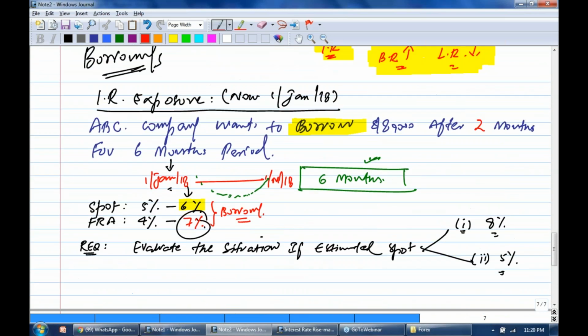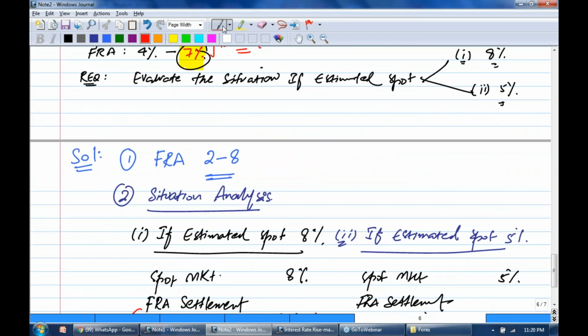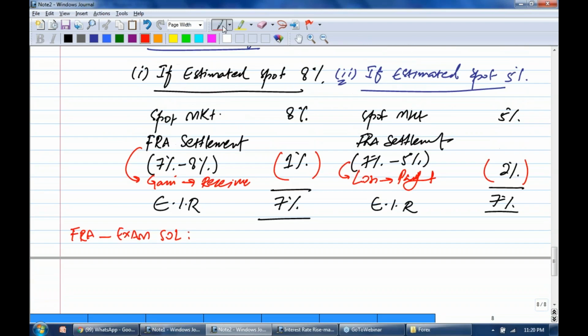If examiner asking you about this situation and asking that how much will need to pay by FRA, you just pick this rate, 7%, because the answer will definitely 7%.